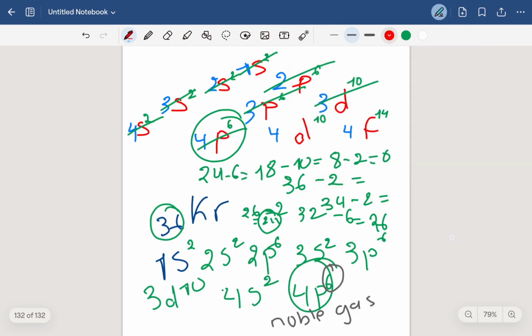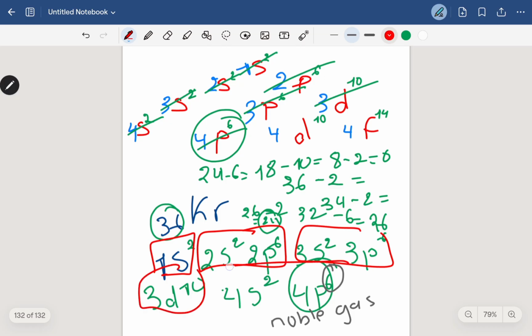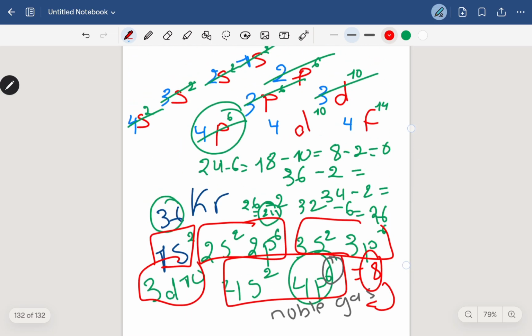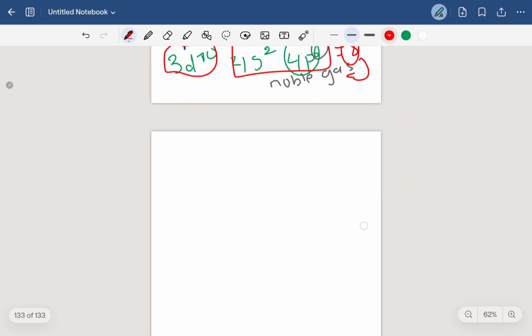Now, if you can see in the SPDF values, we started with 1s. This is the first shell. Then this is the second shell. Then this over here is the third shell. Then you stop at the fourth shell and you add the number of electrons. You have 2 plus 6, which is 8 electrons. And we know that if it holds 8 electrons in its valence shell, then it is definitely a noble gas.